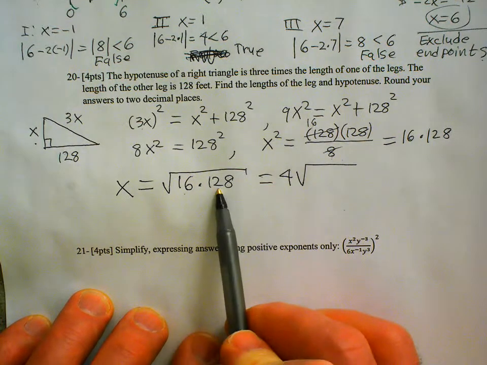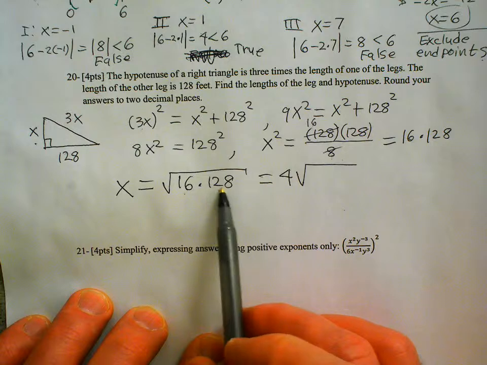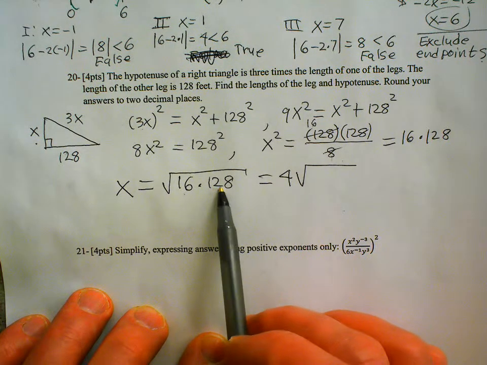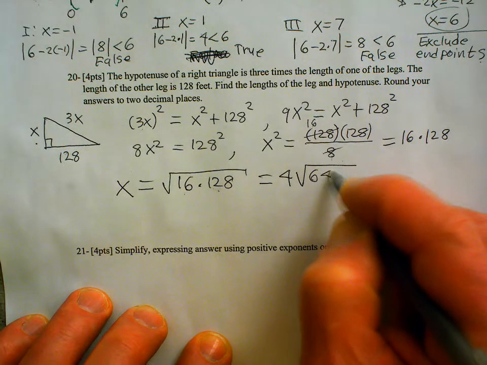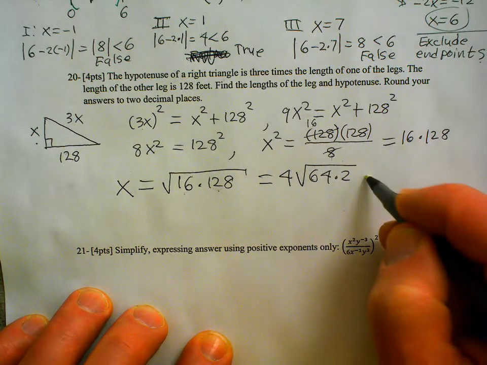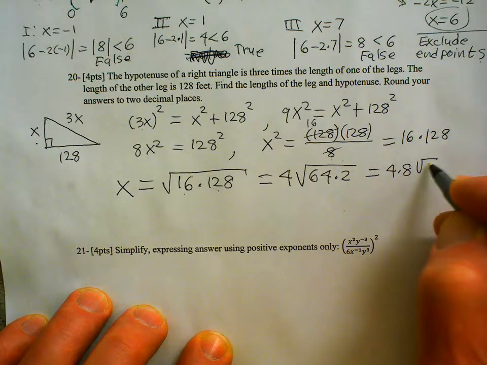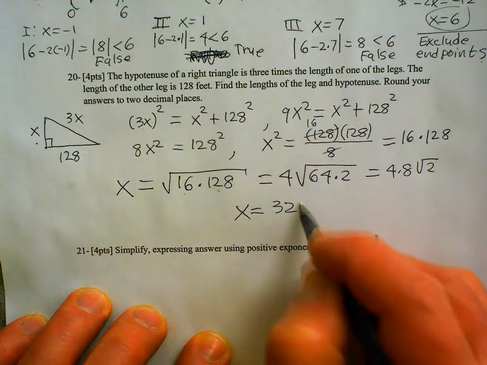And as we saw before, the largest factor of 128 that is a perfect square is 64. 64 times 2. So we get 4 times 8 times the square root of 2, or 32 times the square root of 2.